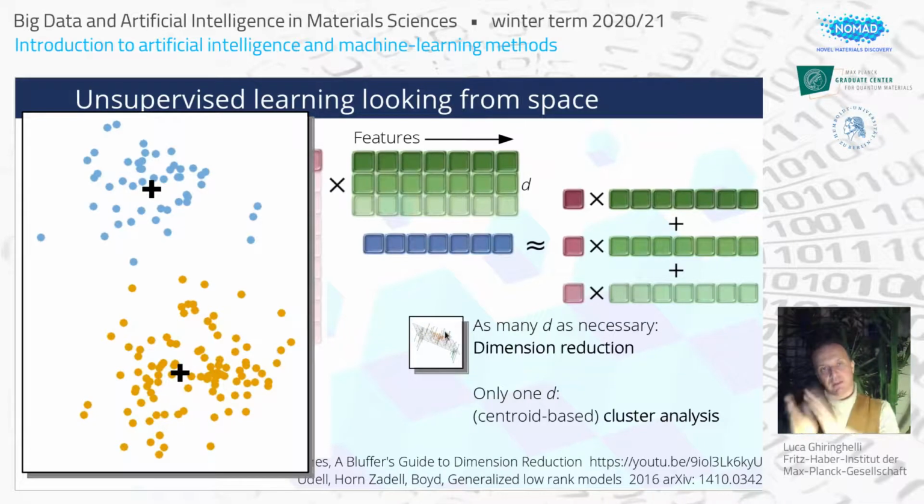The other situation is one in which you impose that you only highlight one of these lines here, and you find probably a subset of data for which the representation of all the data by only one of these lines, that is essentially a point in the same high dimensional space, works well. So this situation is called clustering.